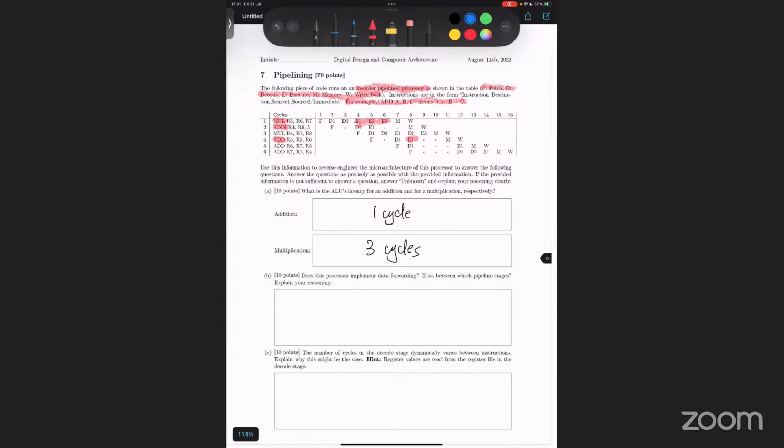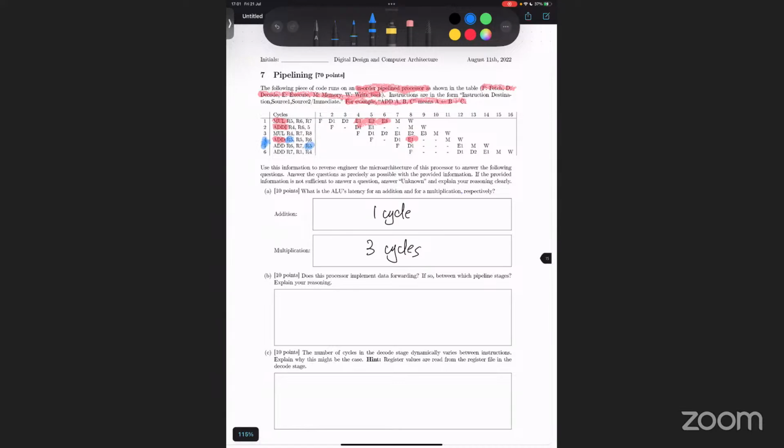So we find that in instructions 4 and 5, register R5 is written to at instruction 4, but it's also an input operand in instruction 5.